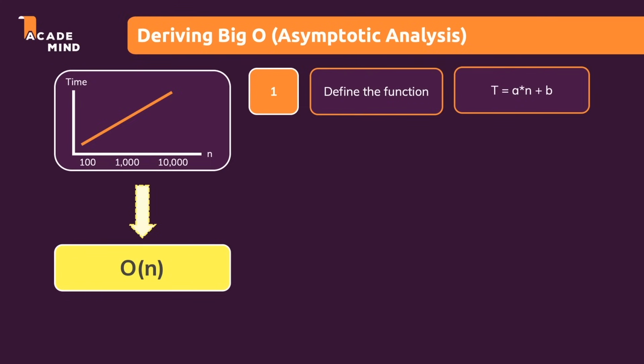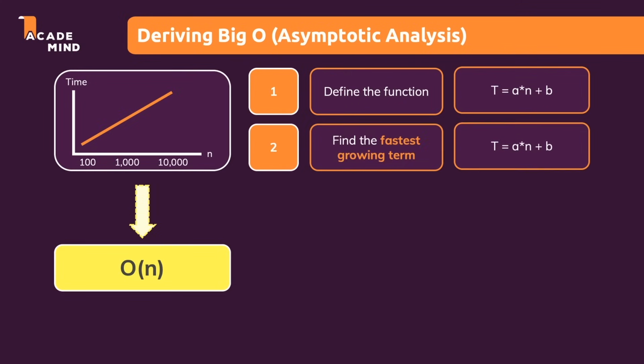Okay, so now we got the general mathematical function. And no worries, we'll of course see this process of deriving the function and so on for other algorithms in this course as well. So we got this function now. Now, in order to derive this big O notation, we need to find the fastest growing term in that function. And here that's easy. That is a times n, because b is a constant coefficient which doesn't grow at all.